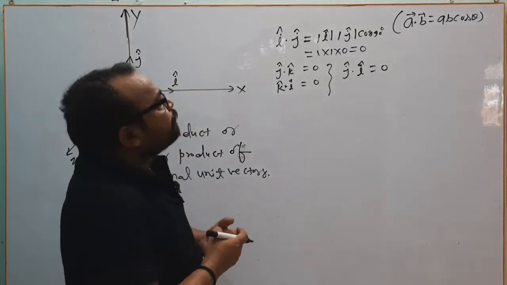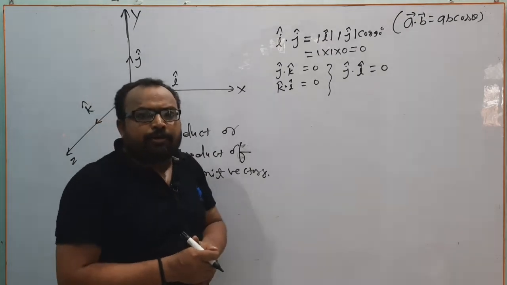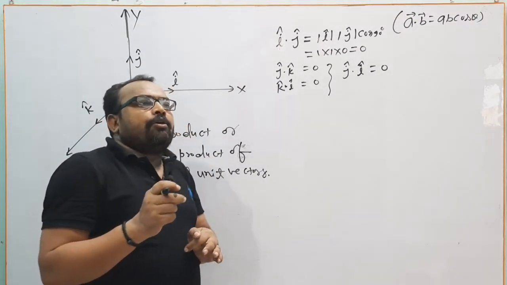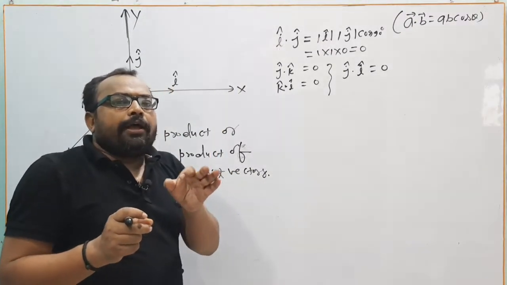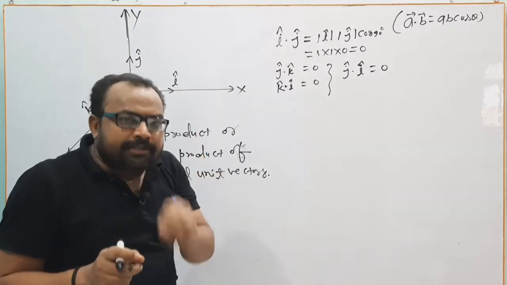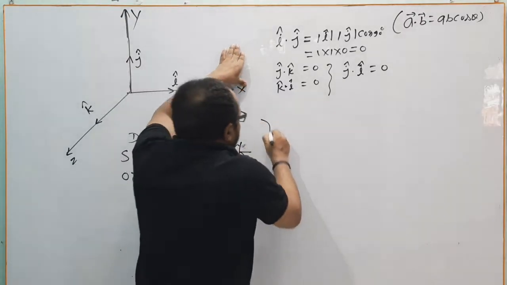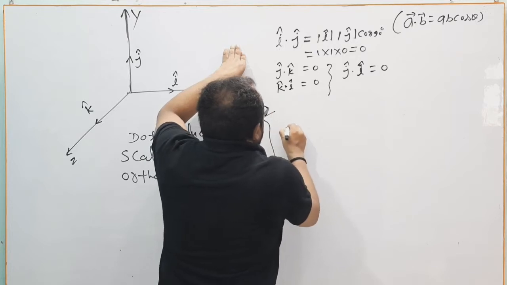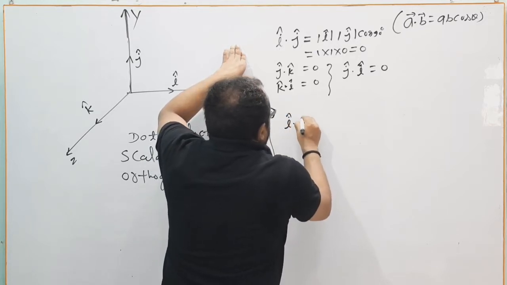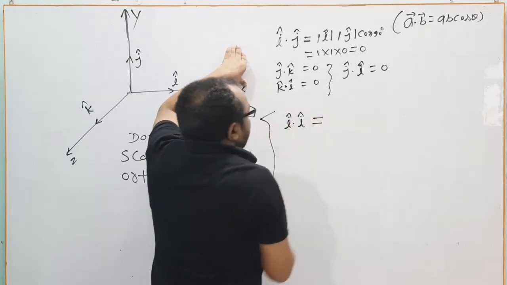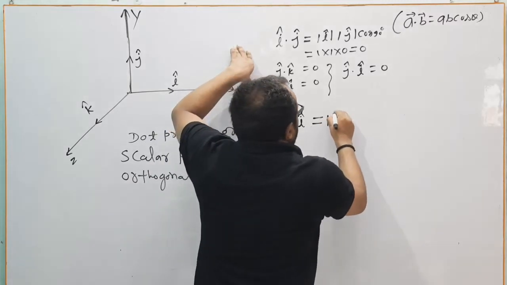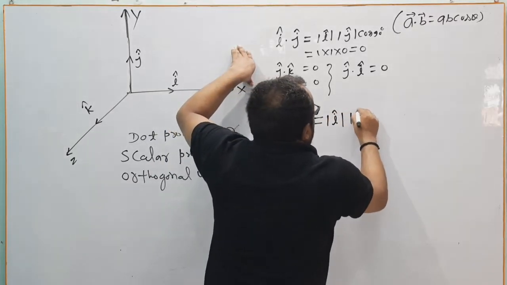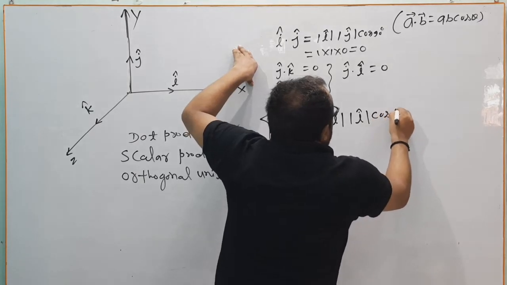Now we will see the dot product of an orthogonal unit vector with itself. If we write i dot i, then it will be the magnitude of i into the magnitude of i into cos 0 degrees.